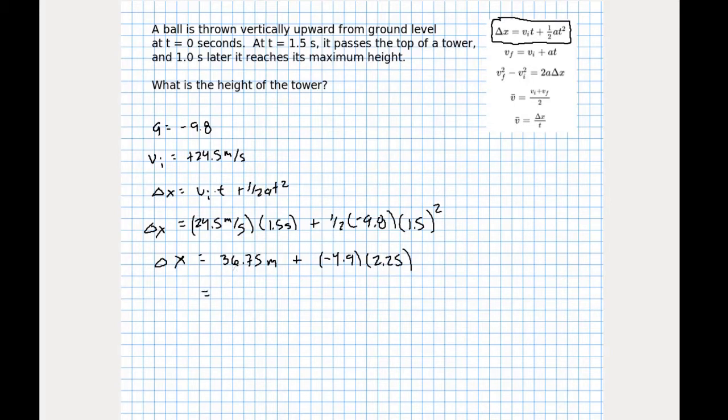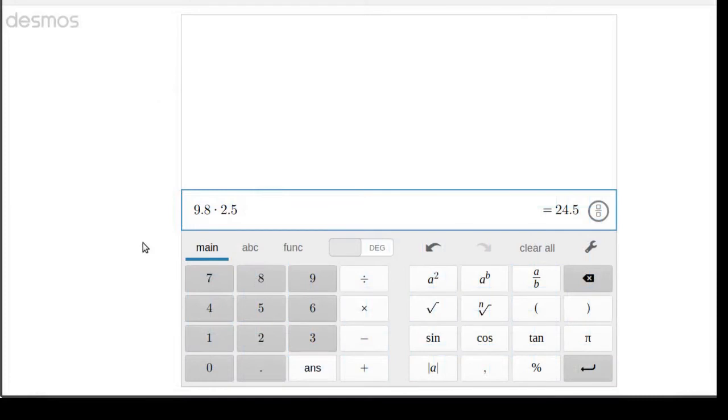And then I'm going to use the calculator now. So negative 4.9 times 2.25 is negative 11.025 plus the 36.75, and I get a displacement of 25.7 meters.